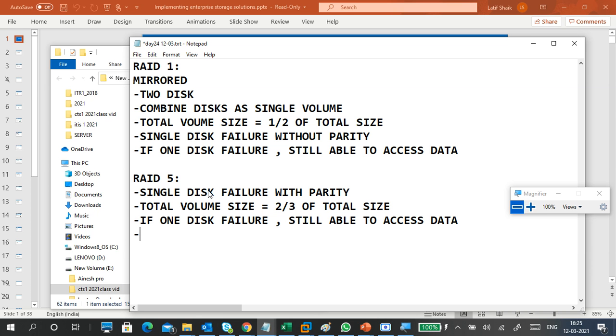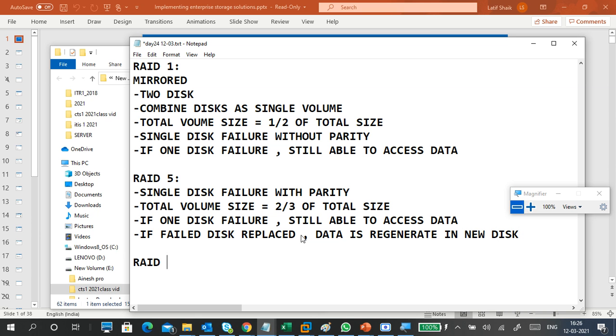And if the failed disk is replaced, what will happen? Data is regenerated in the new disk. Okay? So that is RAID 5.